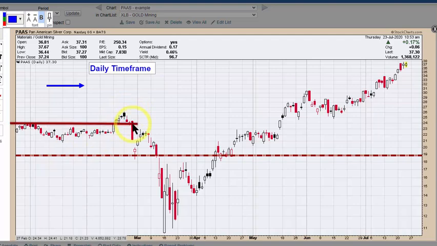Price breaks in to the prior trading range after a breakout. That's called a head fake. False breakout. In your mind, you should be saying that's bearish. Okay? Whenever you move back into a trading range after breaking out, it's fake.